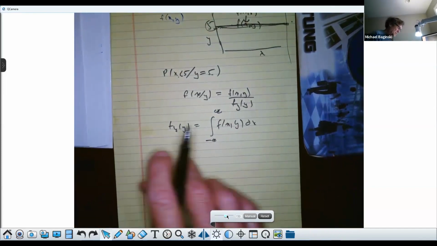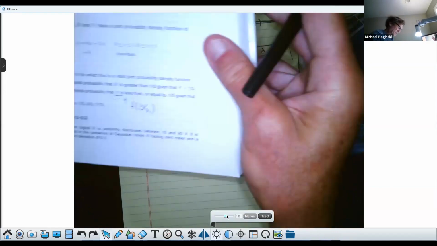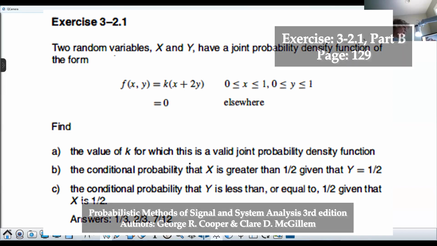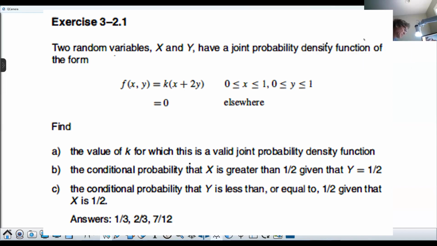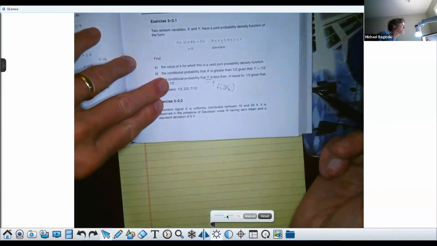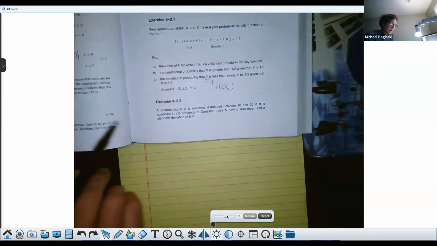Might as well do this exercise. They say f of xy is kx plus 2y from 0 to 1, 0 to 1, and 0 elsewhere. This is exercise 3.21. Do you all have access to the text, or do you want to pull it up?